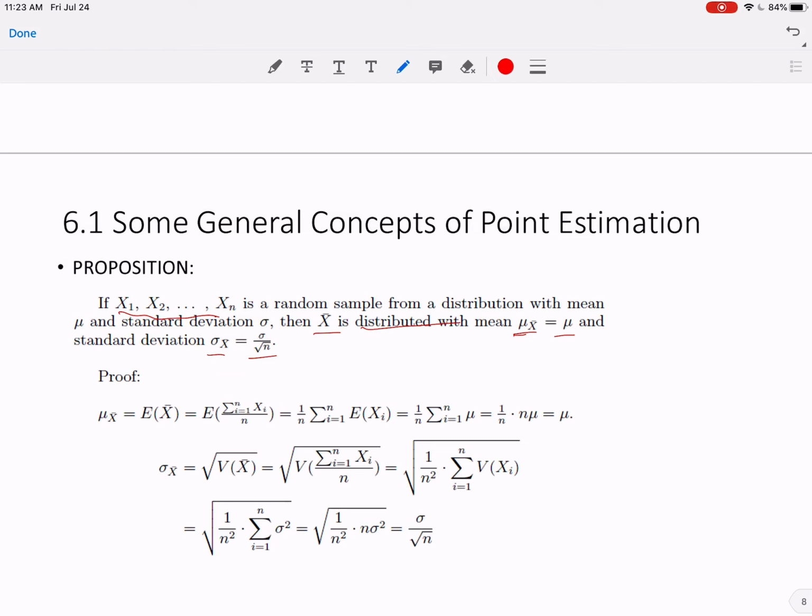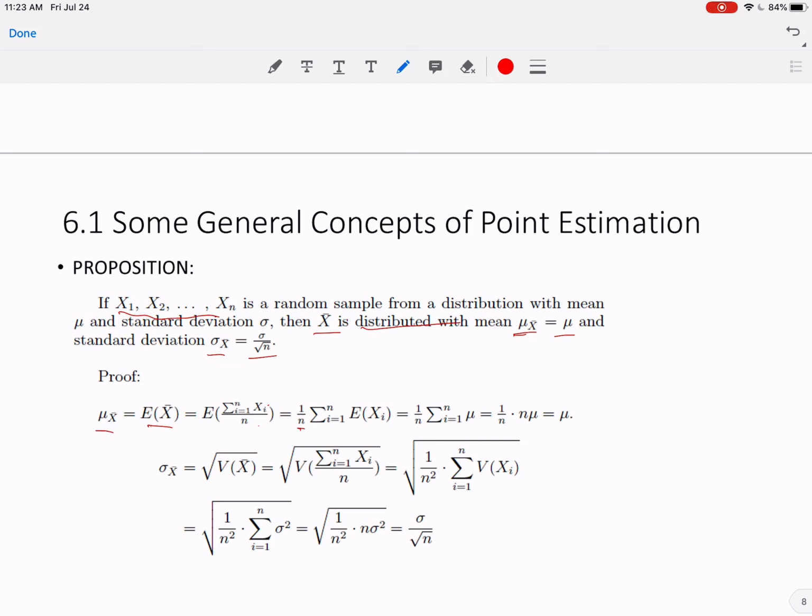Now let's take a look at why. First of all, we know that mu sub x bar is equal to E of x bar, right? And based on the definition of x bar, x bar is equal to the sum of all x values divided by n. Now, based on the property of expectation, we can pull the 1 over n outside of the expectation.